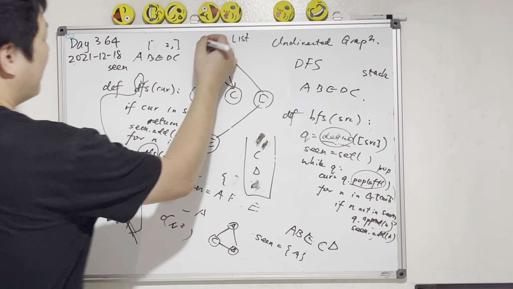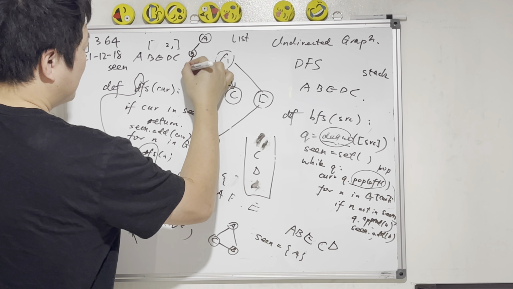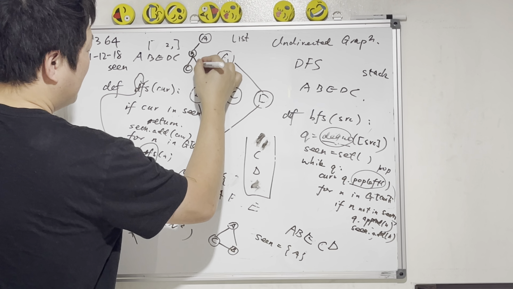It's like the tree. A, B, C, D. It's not optimal. Okay, so if I do this E, F, okay, G, okay, and then I have another H. Okay, how about I have another G here?